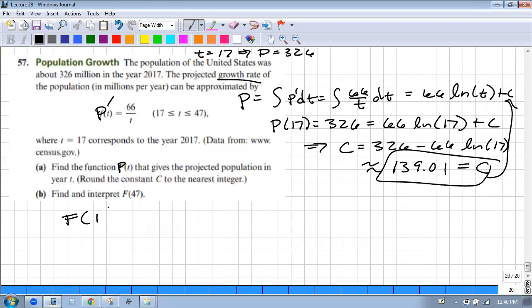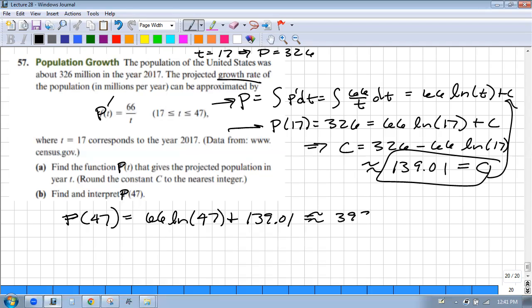So find and interpret P of 47. In this case, where is their function? Here it is, P of t. It would be 66 natural log of 47 plus our constant, 139.01, which gives us approximately 393.12.